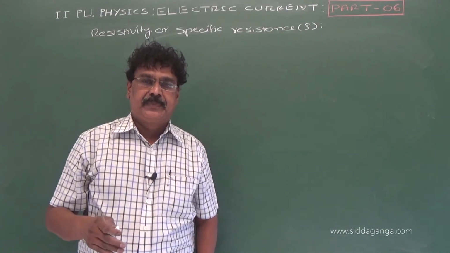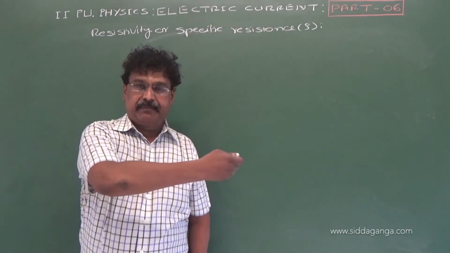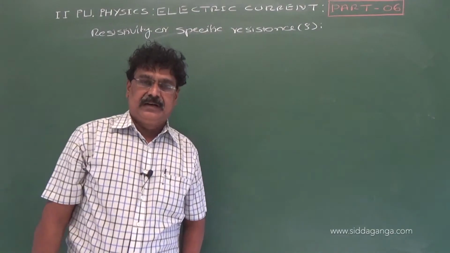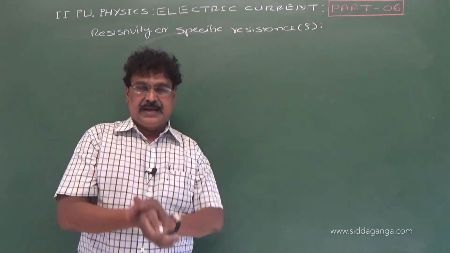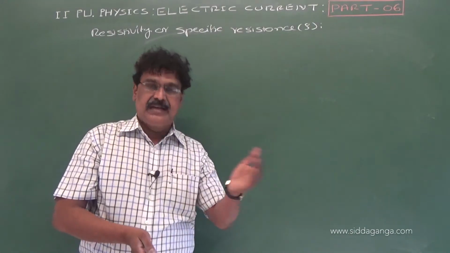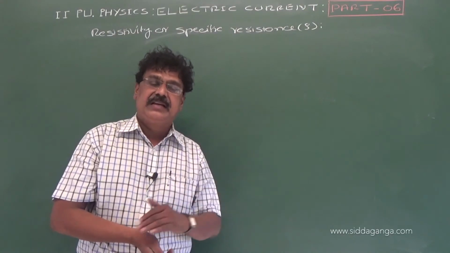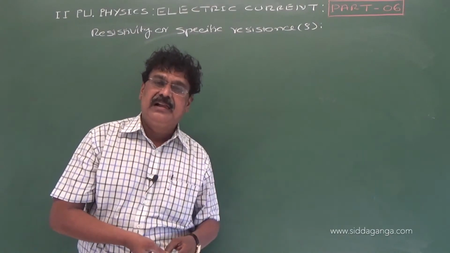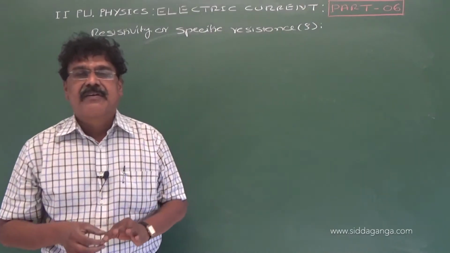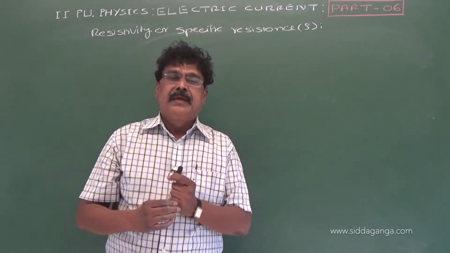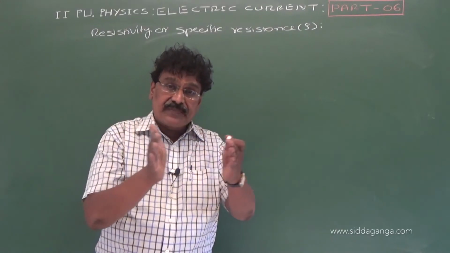Now experimentally, for example, by plotting a graph of current against potential difference for a conductor, by changing the length, the material, the area, and the temperature, it is found that the resistance of a given conductor is directly proportional to the length of the conductor.